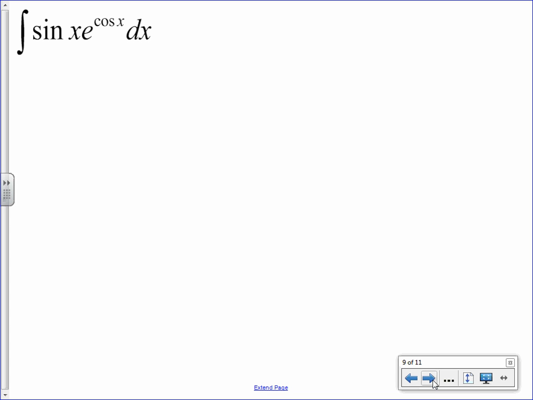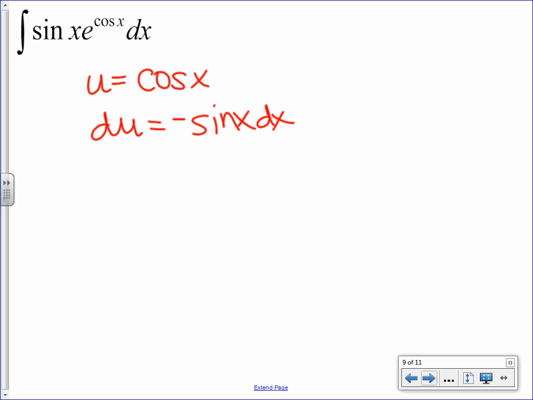Do we have a composition times a function? Yes. What is inside of a function? Cosine of x. Cosine is inside our e to a power, which means, look how nifty this is, we can let u be the cosine of x, which means du is negative sine of x dx.